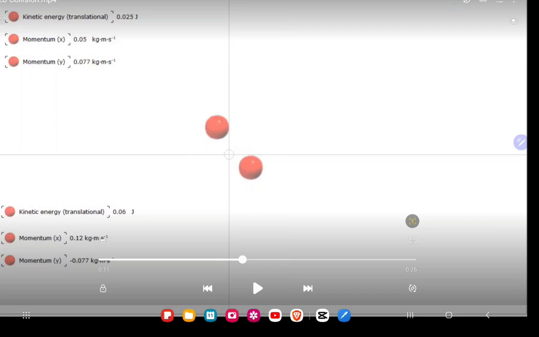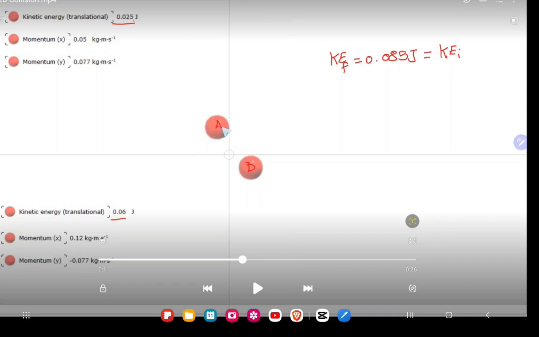The kinetic energy for the first ball, let's name it A, and this is B, is 0.025. The kinetic energy for ball B is 0.06. When you add them up, you find the final kinetic energy equal to 0.085 joule, which is exactly equal to the initial kinetic energy before the collision.